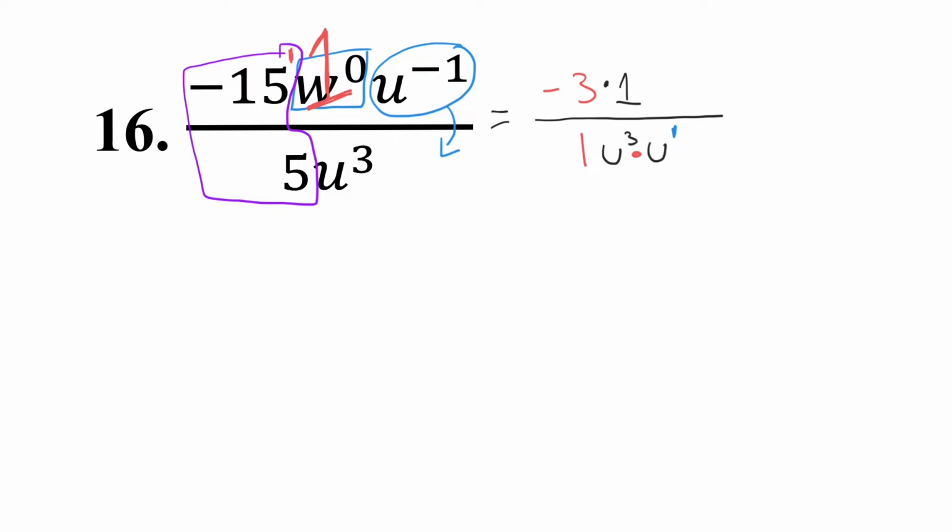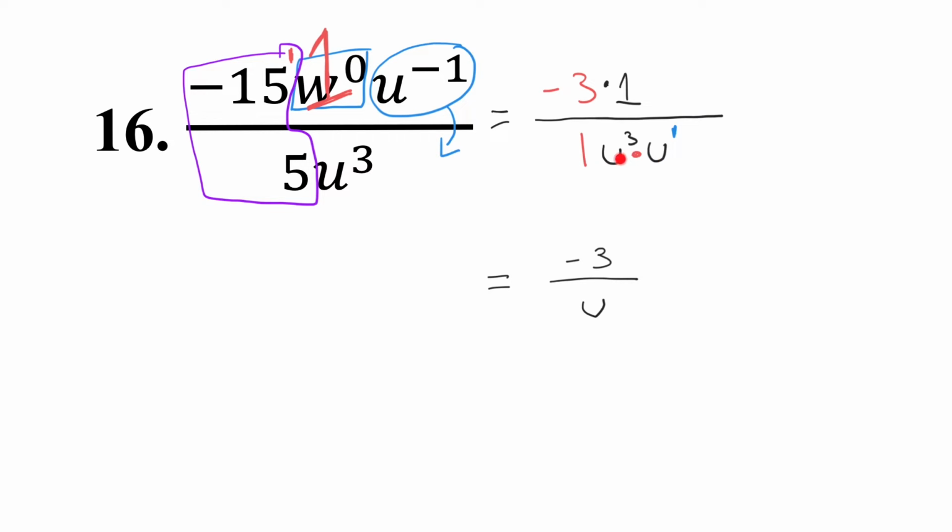And we have to finish the problem because we do have same bases on the bottom and they're multiplying. So the property says when you multiply the same bases, you keep the base and add the exponents. So we are going to have on the top negative 3 times the 1. That's going to be negative 3. On the bottom, you keep the u.